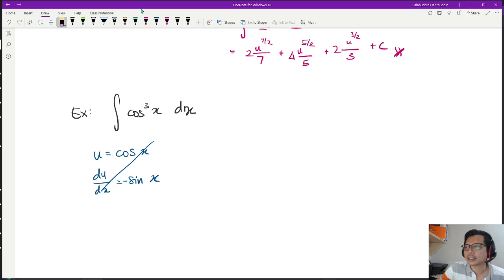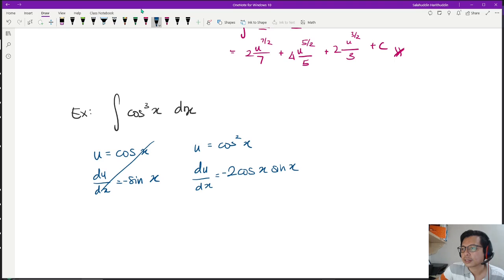All right. Let's maybe try u equals cosine squared x. Then we get again the same problem, where you need 2 cosine x times sine x. So that doesn't work. So let's try, maybe this will be a trick.